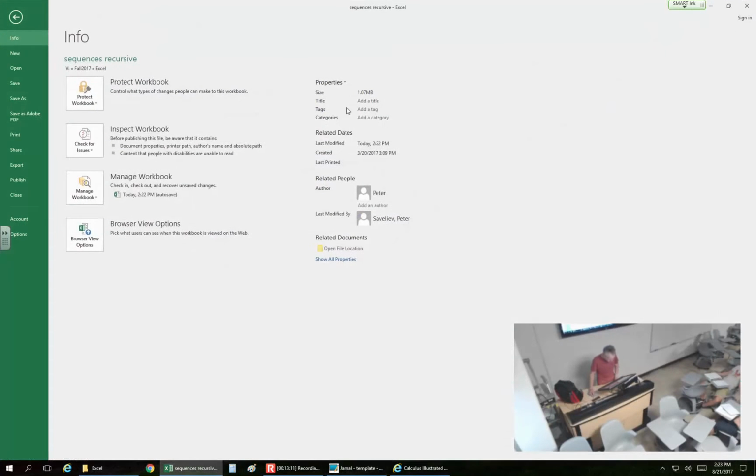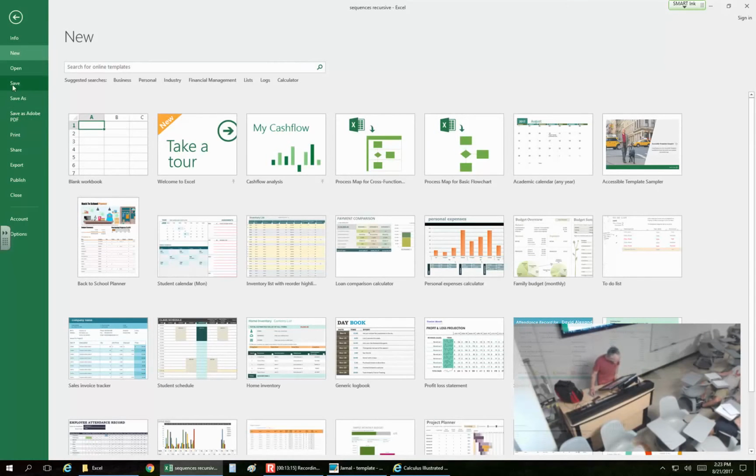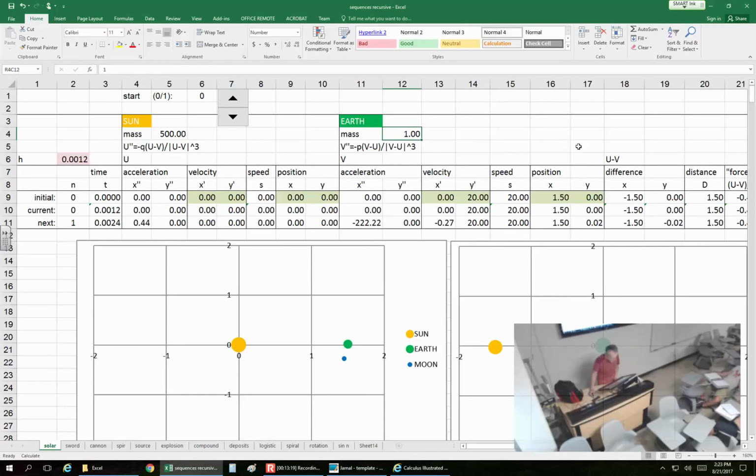Sometimes it just does not allow editing. Okay, unfortunately I cannot edit this spreadsheet right now because I'm locked out of it. So the editing is not up. What happened? Oh, okay, it is just elsewhere.